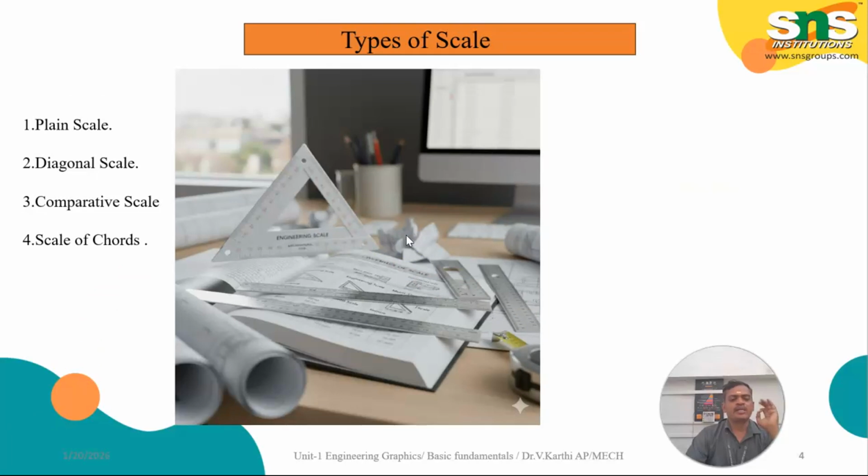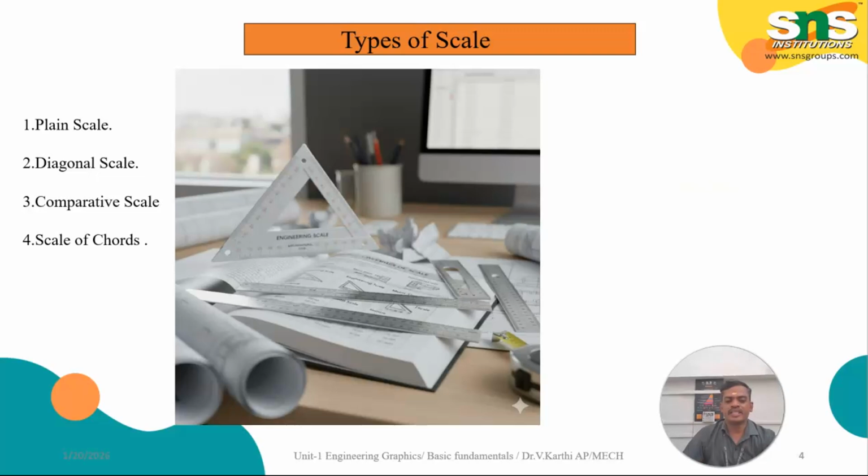Next are the types of engineering scale. First is the plane scale, then the diagonal scale, comparative scale, and scale of chords. The plane scale measures two units, meters and decimeters.